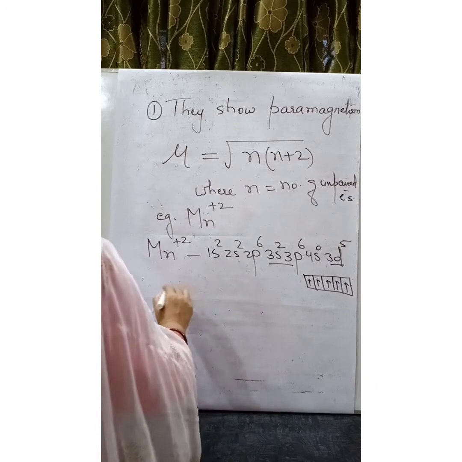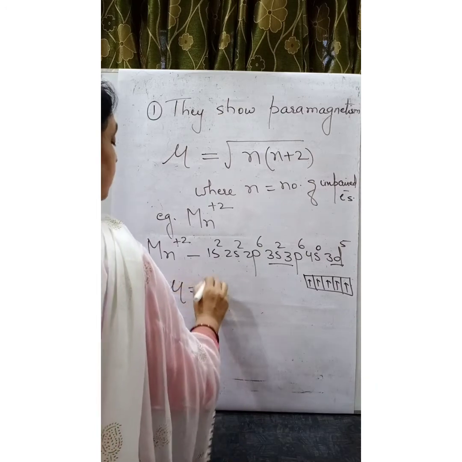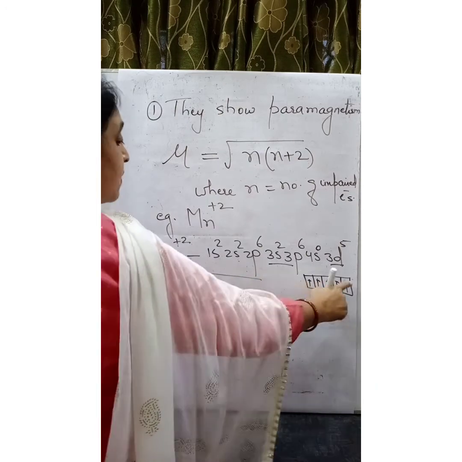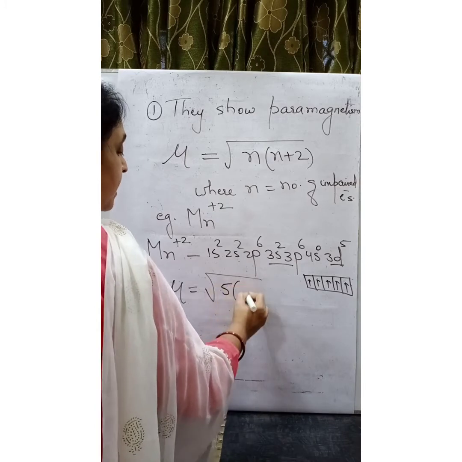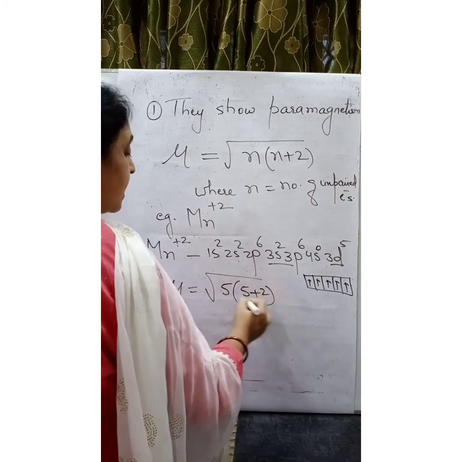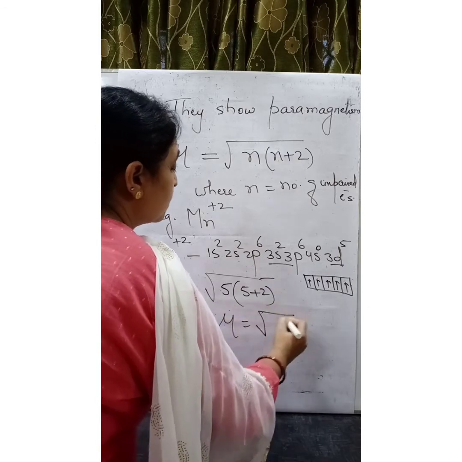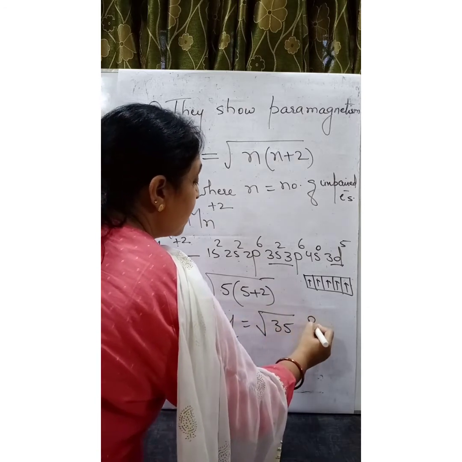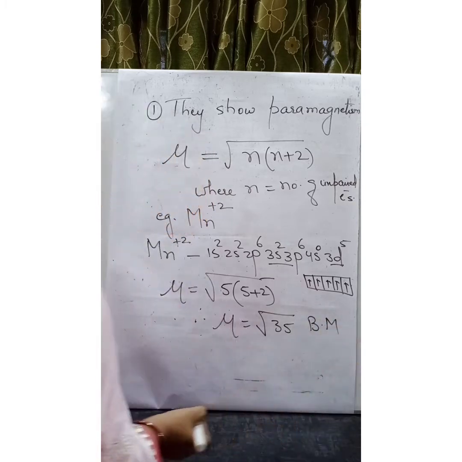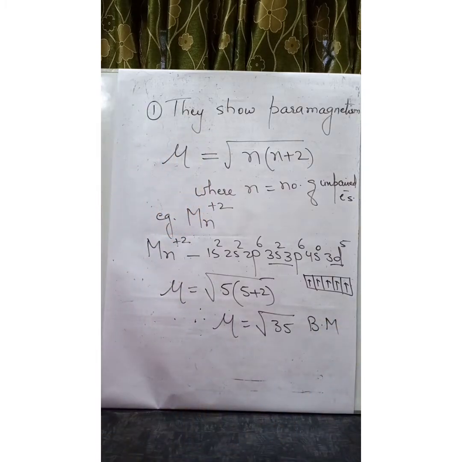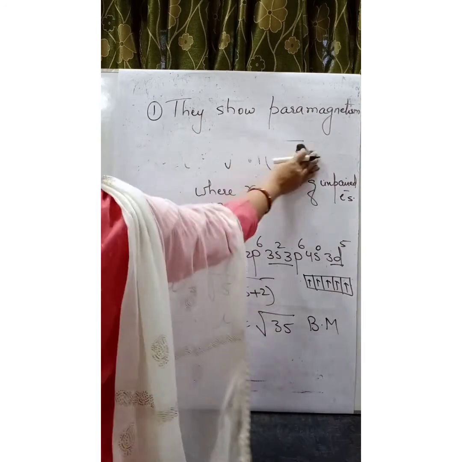Therefore, mu is equal to under root n into n plus 2, where n, the number of unpaired electrons, is 5. Therefore, mu is equal to under root 35 BM. BM is the unit of magnetic moment, that is Bohr magneton. Now let us move on to the next property.